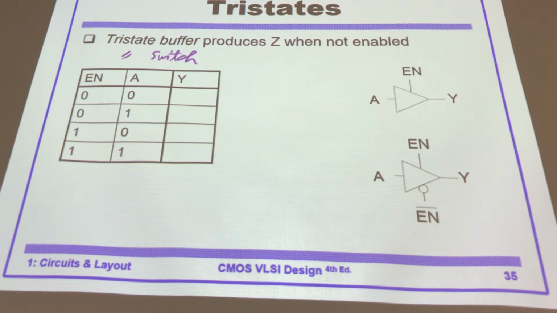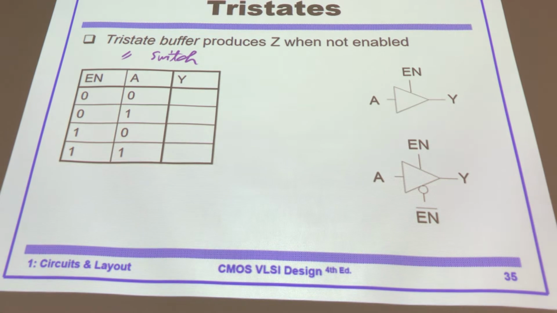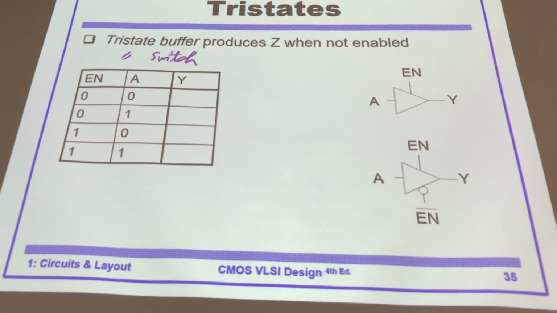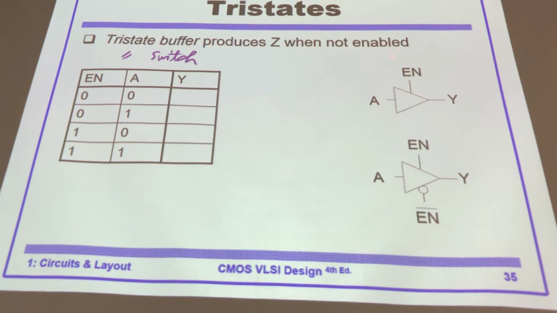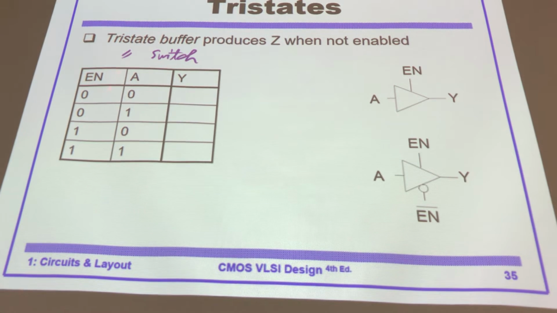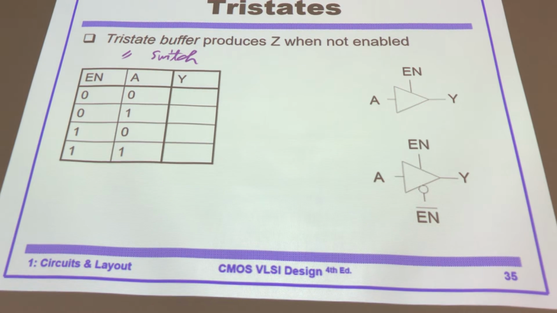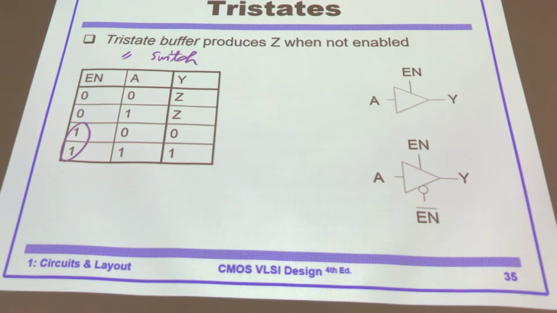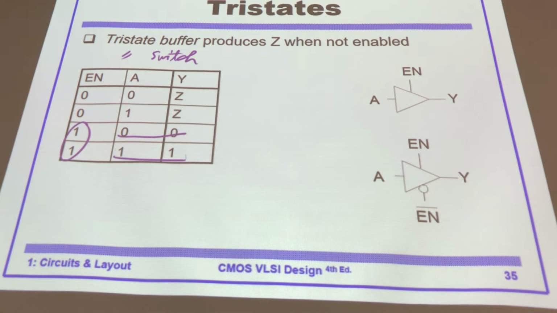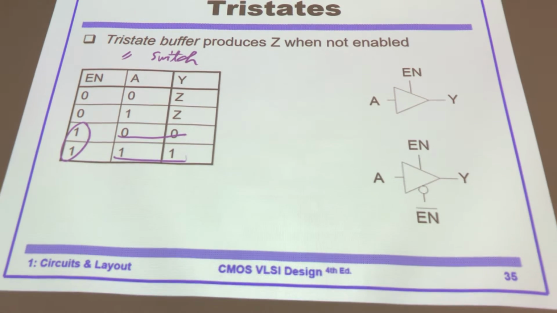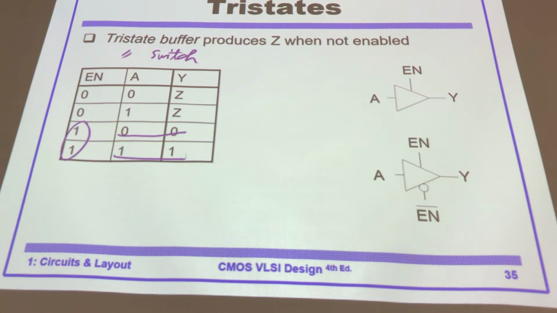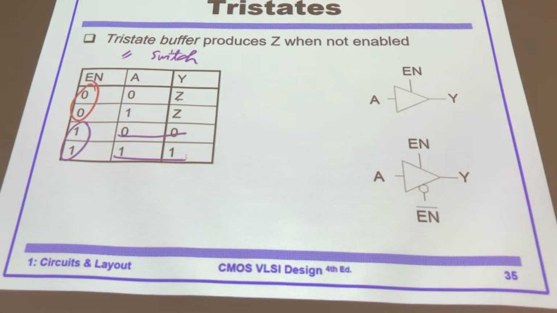What's the function here? It's just like a switch again. But the tri-state buffer, tri-state switch produces Z when not enabled. When enabled, let's look at here. An input 0 or 1, you're getting 0 or 1 at the output. Simply transmitted through the gate. However, when enable is 0, no matter whether the input is 0 or 1, you're getting Z, meaning no signal.